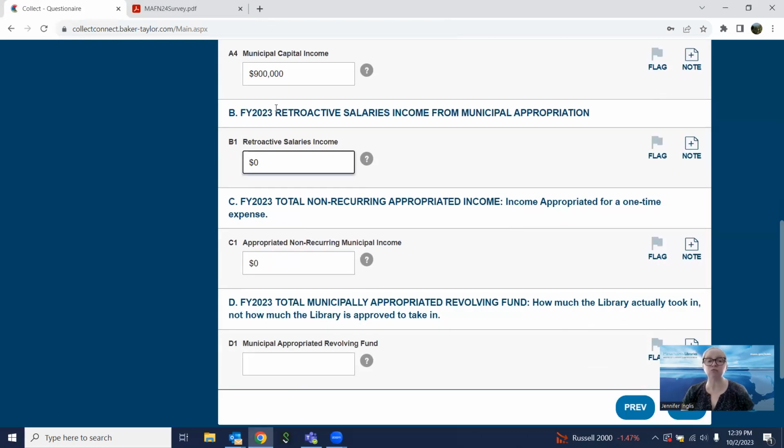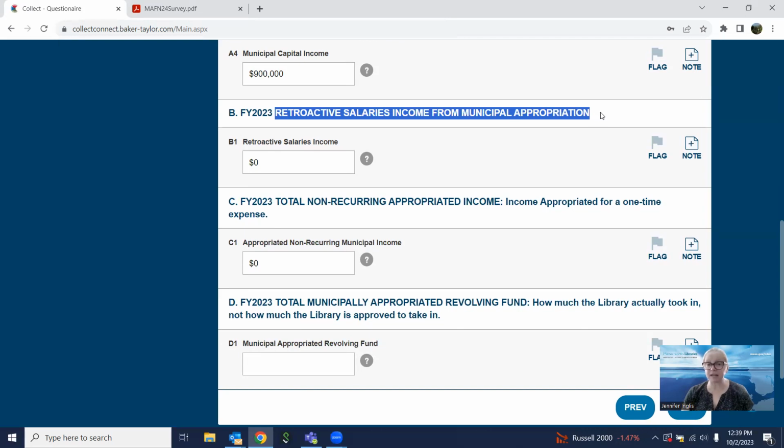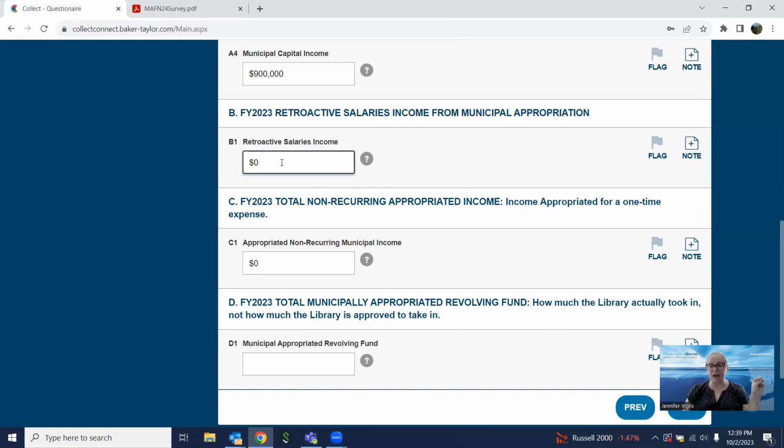Section B is retroactive salaries income from the municipal appropriation. So this would be for the prior year. So if in FY23 you got retro salaries because of a contract negotiation, because of a new employee, that for FY22, that goes in this box.